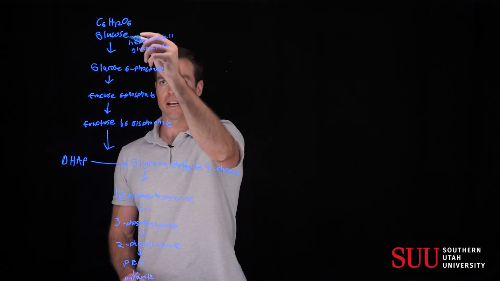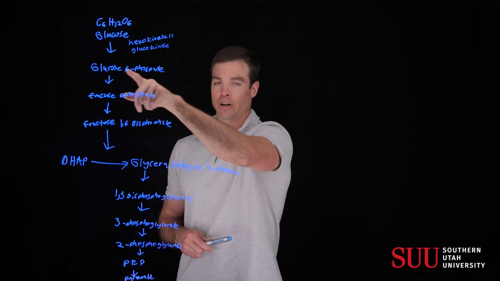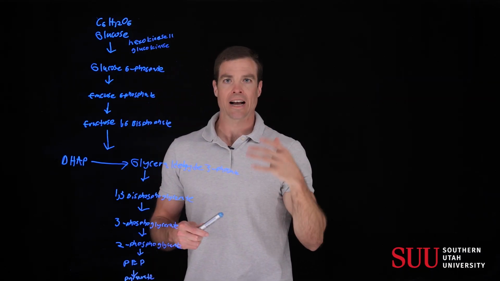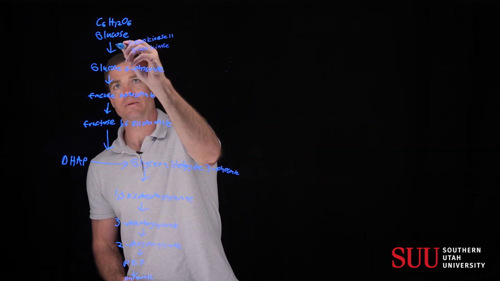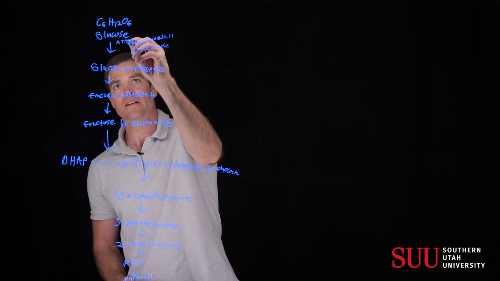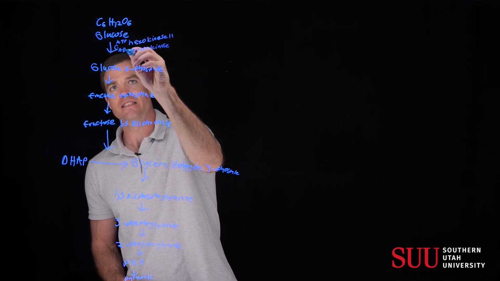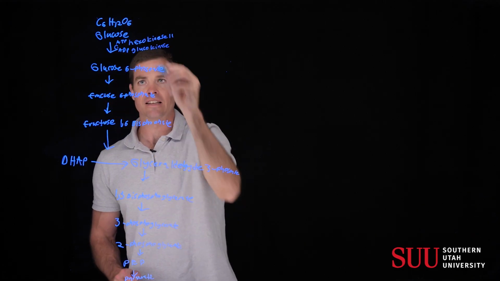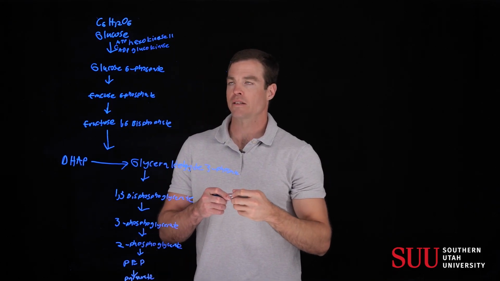And in order to get this phosphate, we're adding the phosphate onto glucose, right? So we need a kinase. That's what we're doing with hexokinase. So this actually uses ATP here. So we have an ATP, and it gets converted to ADP, okay? And the enzyme that does that is hexokinase.